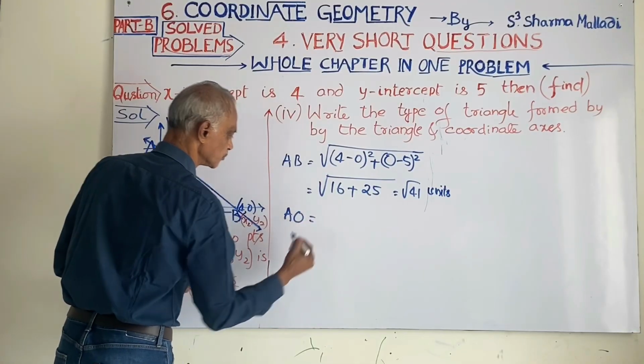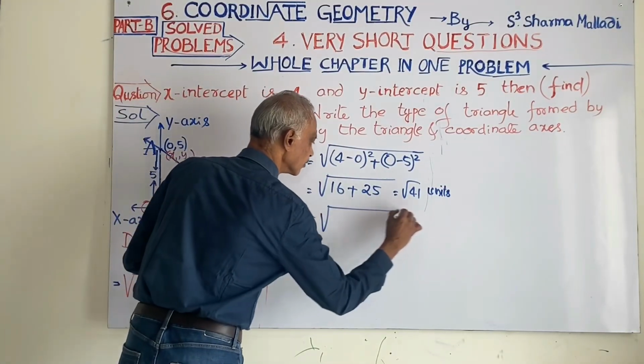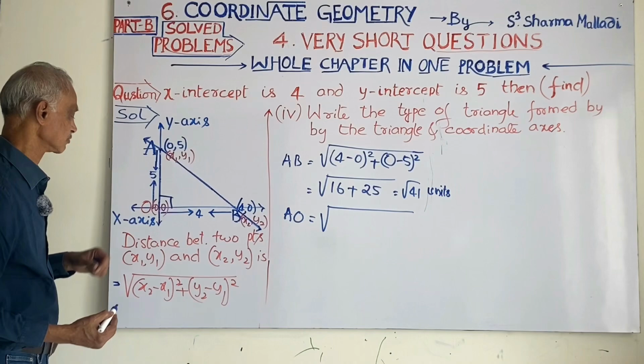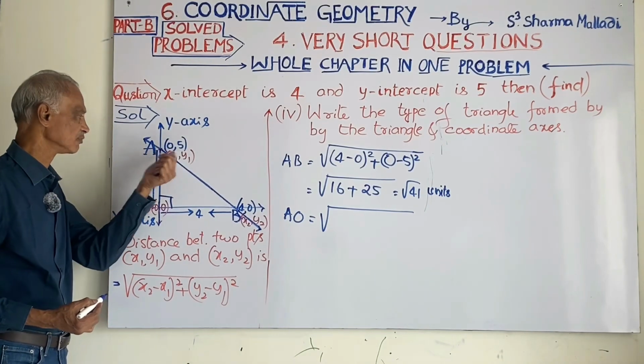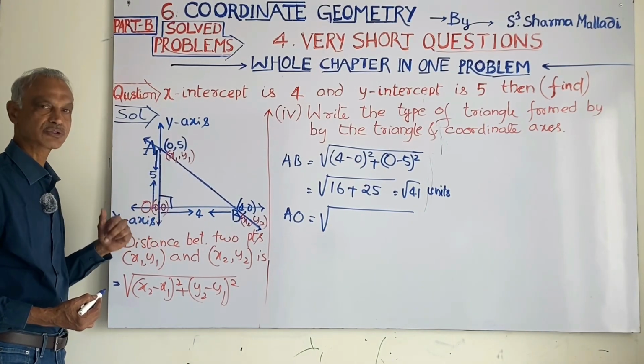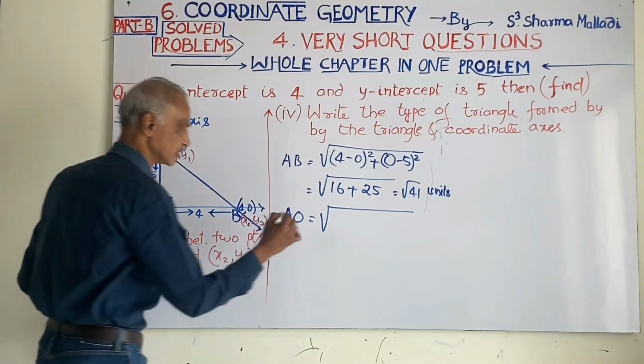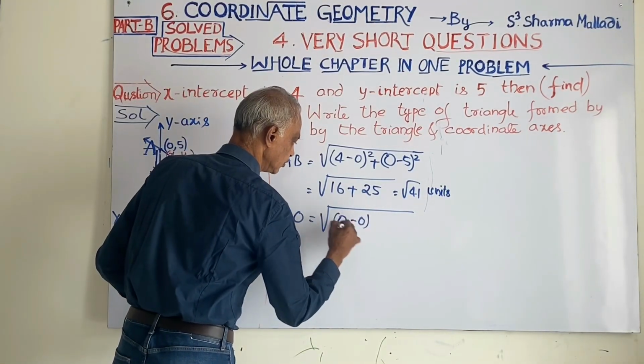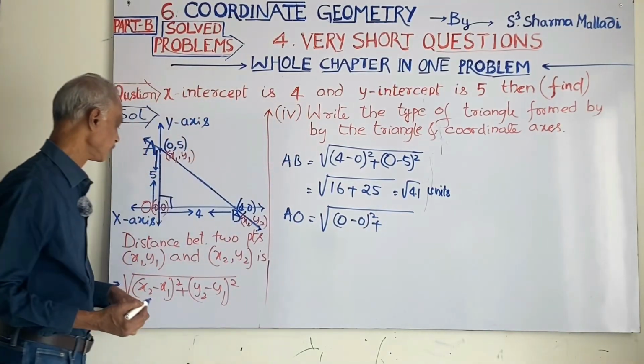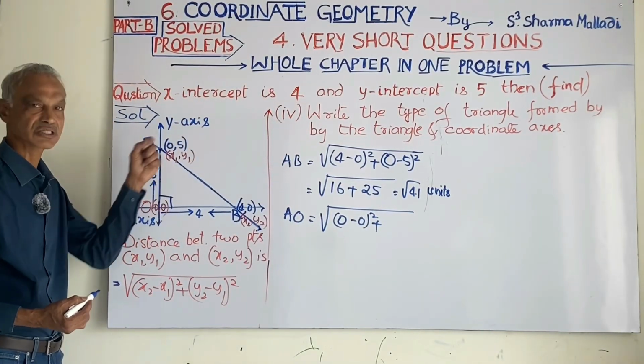AO is equal to square root of x2 minus x1 whole square. This is x1 y1 and x2 y2. x2 minus x1 whole square means 0 minus 0 whole square, plus y2 minus y1 whole square, 0 minus 5 whole square.